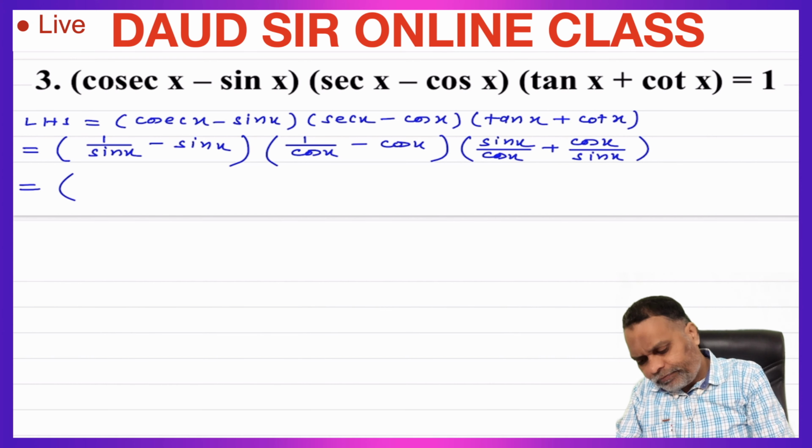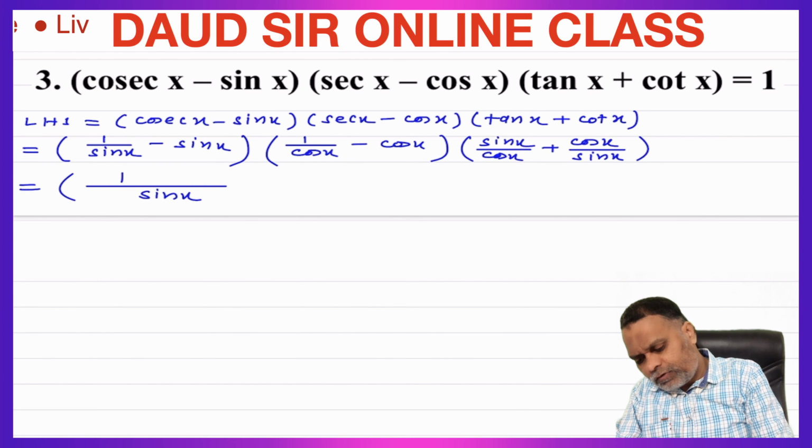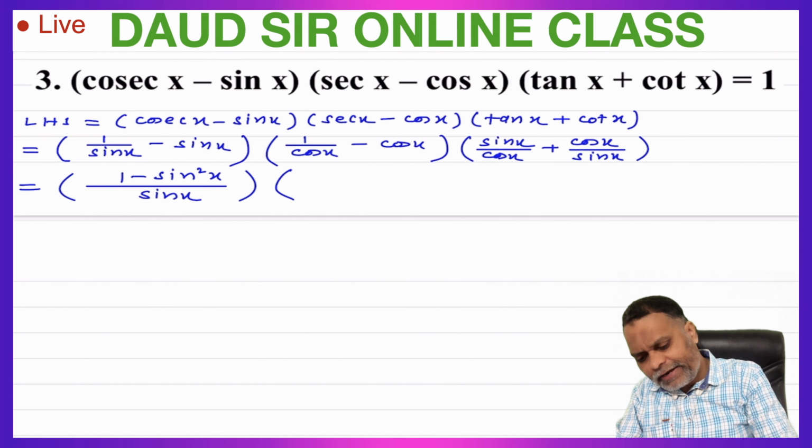Take LCM. Here in first bracket, LCM is sin x. So 1 minus sin square x. In second bracket, LCM cos x. 1 minus cos square x.